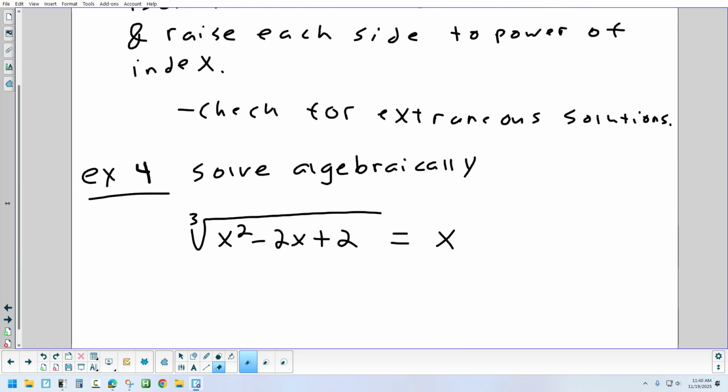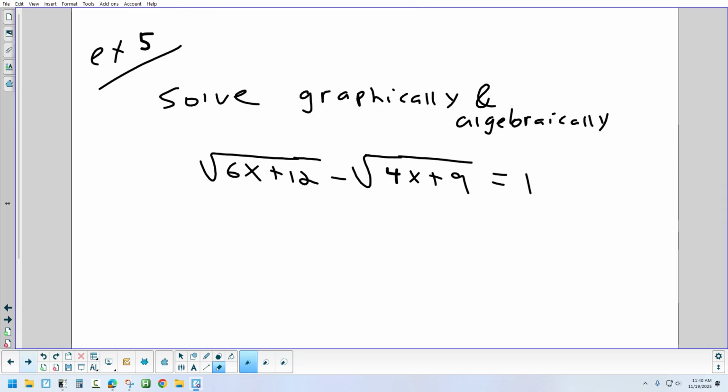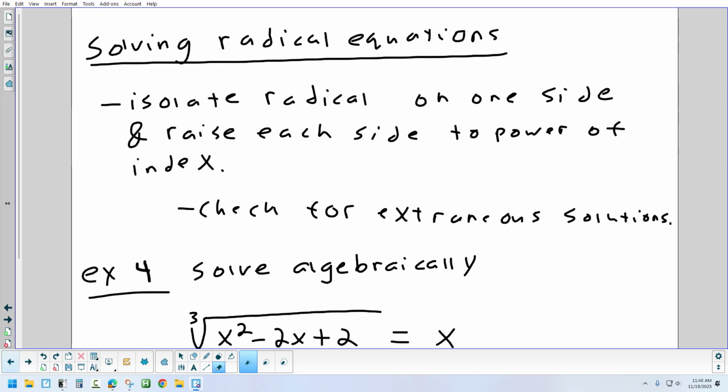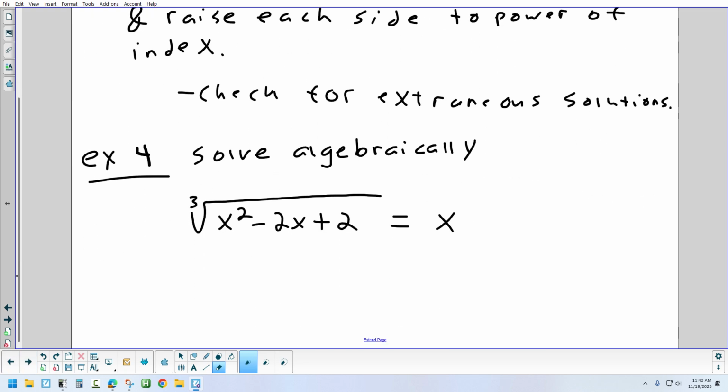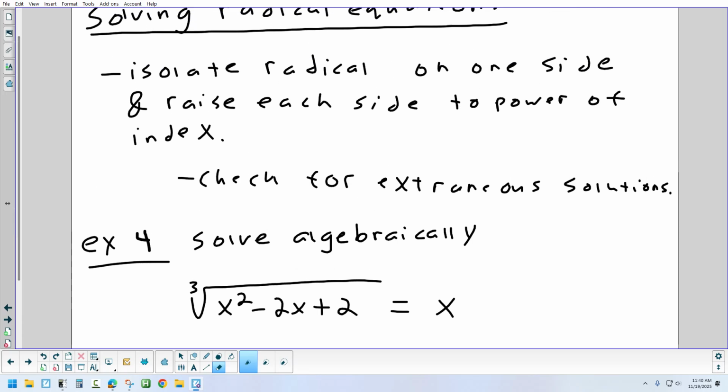That's an example of a radical that's by itself. That's an example of a radical that is not by itself. You've got two together on the same side. You have to have a radical alone on one side. Like that.